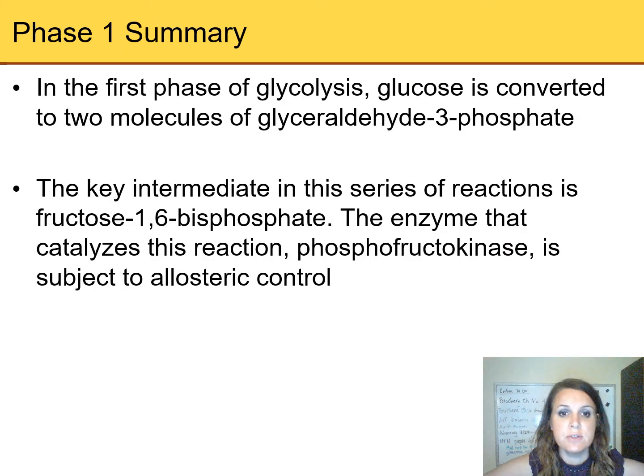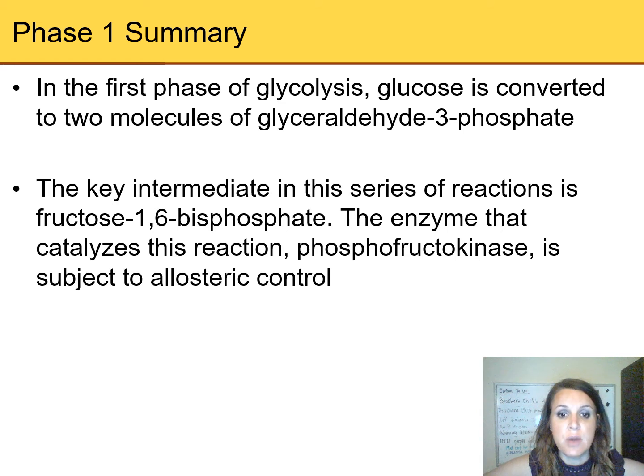In summary, in the first phase of glycolysis, glucose, a 6-carbon molecule, is converted into two 3-carbon glyceraldehyde 3-phosphate molecules. What's important to note is that the key intermediate in this series of reactions is fructose 1,6-bisphosphate. The enzyme that catalyzes this reaction, phosphofructokinase, is subject to allosteric control. Why is that important?